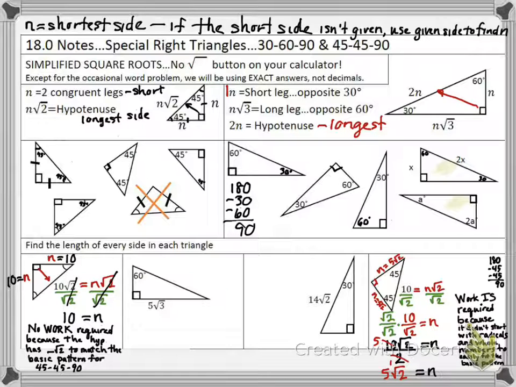Also, if one of the two acute angles is twice as big as the other, then we have to have 30 here and 60 here. If you looked at 180 equals 90 plus A plus 2A, we could solve that out and we'd find that A is 30.